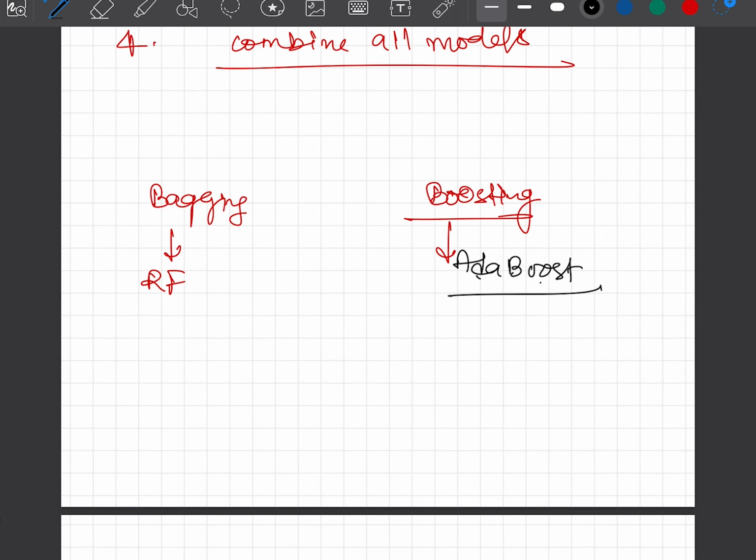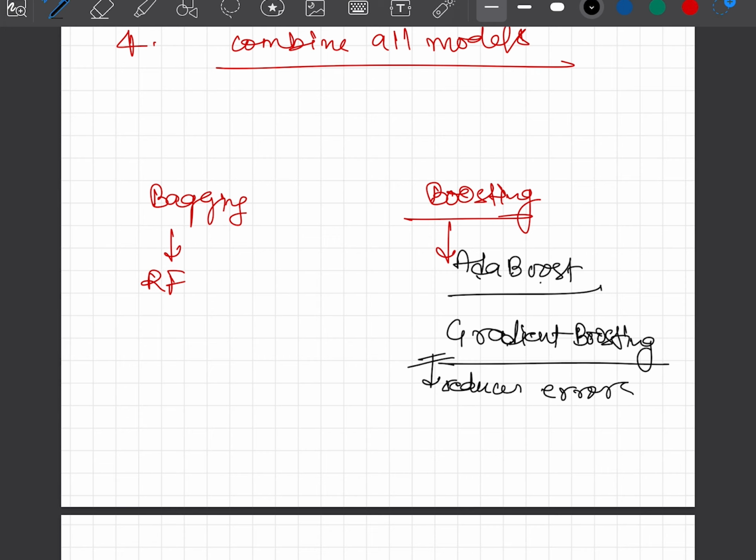We have gradient boosting. I'm just giving the overall scenario. In gradient boosting also, we keep improving predictions by reducing the errors step by step.